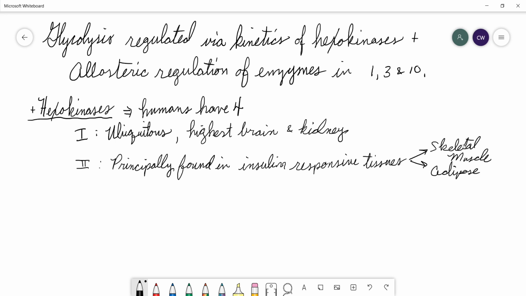Skeletal muscle needs no further explanation. Adipose is a term you might not be familiar with. Adipose is the fat cells. So an adipose cell is where glucose is converted into longer chains of things like glycogen, so that it can store energy for future use.